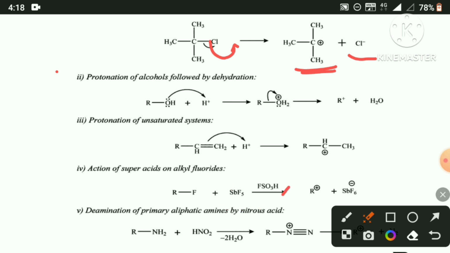Antimony pentafluoride combined with fluorosulfonic acid is called a superacid. In this superacid, the fluorine atom from the alkyl fluoride is attracted by antimony pentafluoride and converted into hexafluoride. So the carbon gets a positive charge.